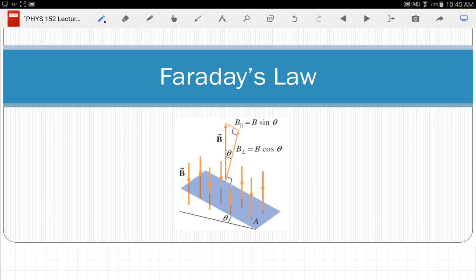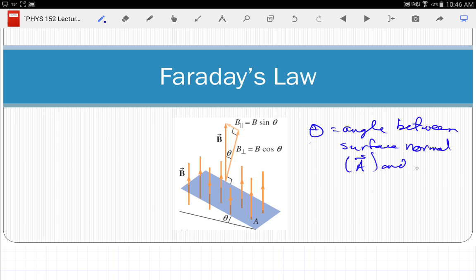So we take the angle theta, which is the angle between the surface normal, or the area vector, because the area vector is defined to be in the direction of the surface normal, and the magnetic field.